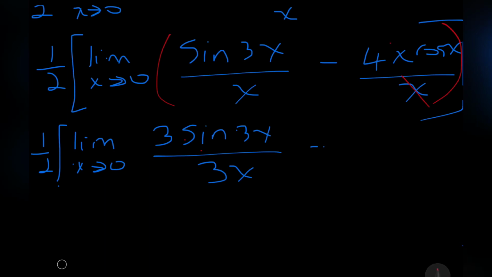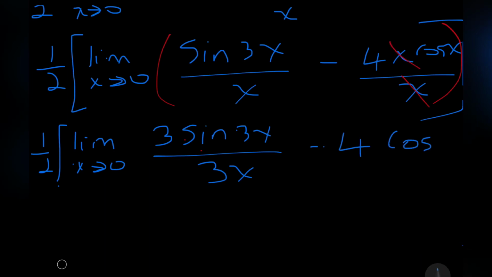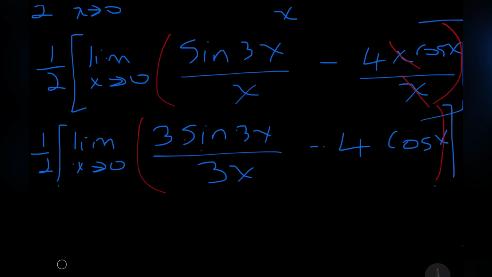This x cancels this x, so we're left with 4 cos x, and I want to put back this in this bracket. We know that the limit of this function will be 3.